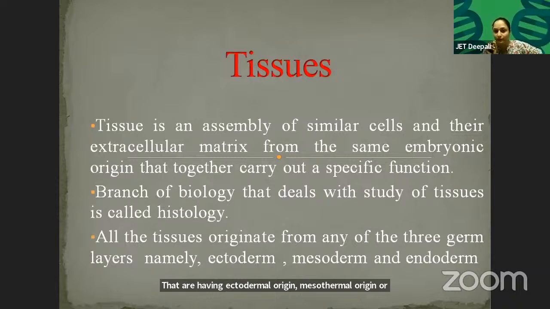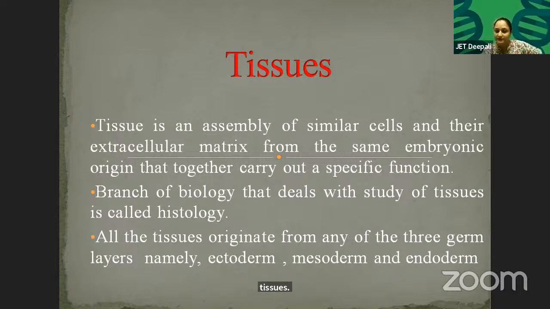Only two tissues each: two tissue names of ectodermal origin, two of mesodermal origin, two of endodermal origin. You need to find them on your own. I will be asking you in the next class.